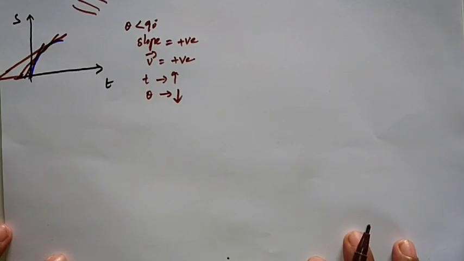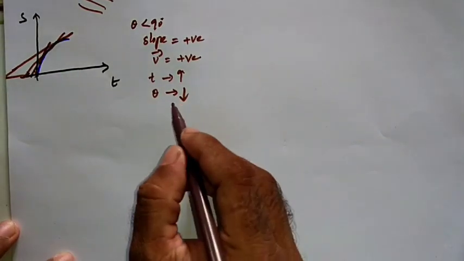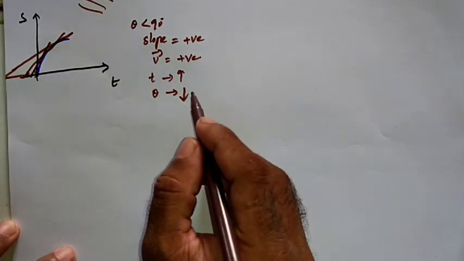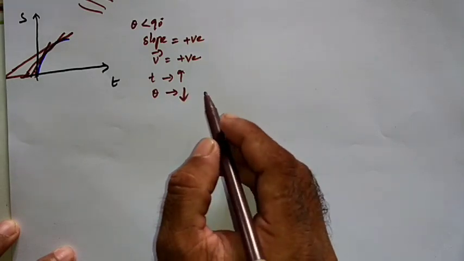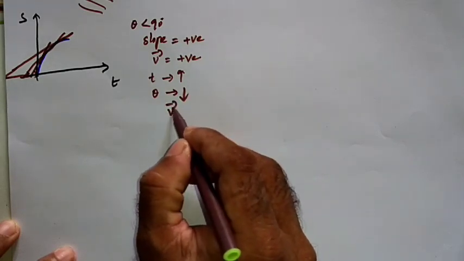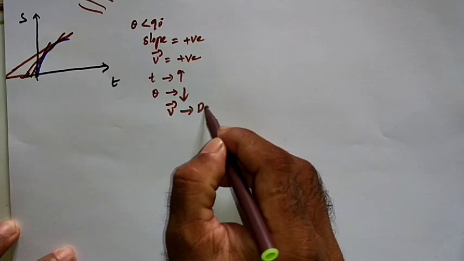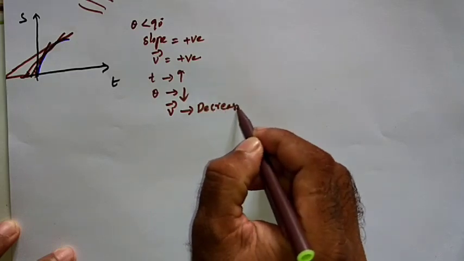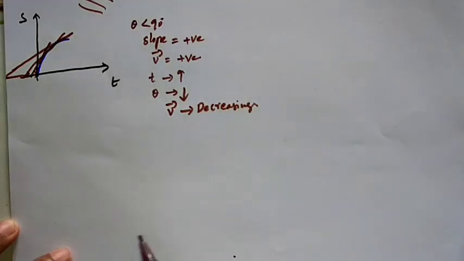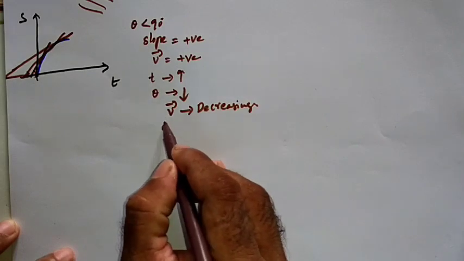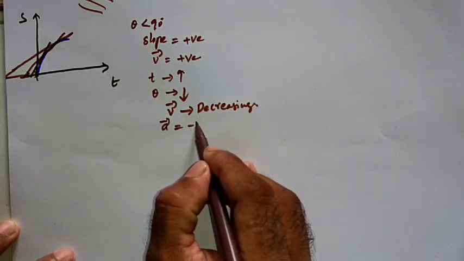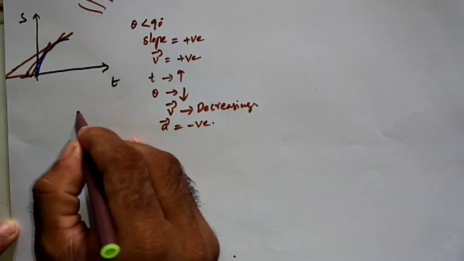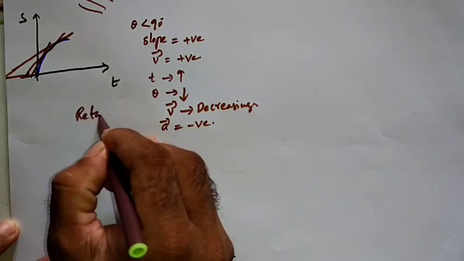Yes or no? As the time is increasing, theta is decreasing. That means what? Velocity increasing or decreasing? Very good. Velocity is decreasing. Then which kind of motion is this? Is acceleration positive or negative? Negative. Then this kind of motion is what? Retardation.